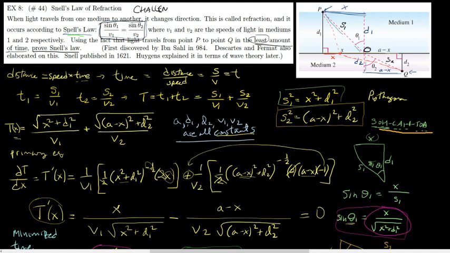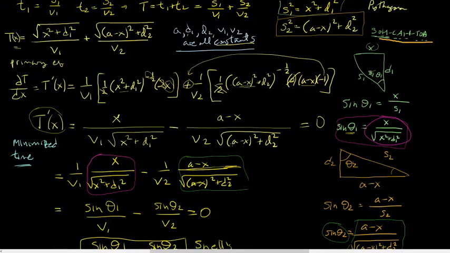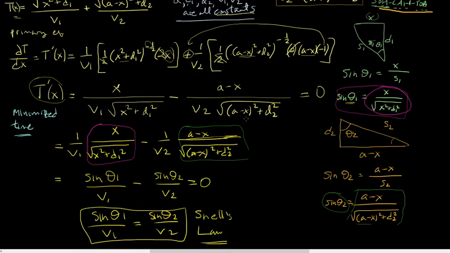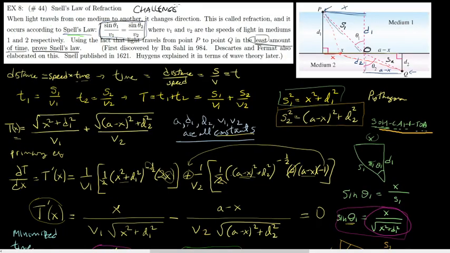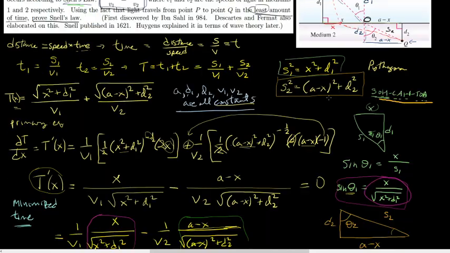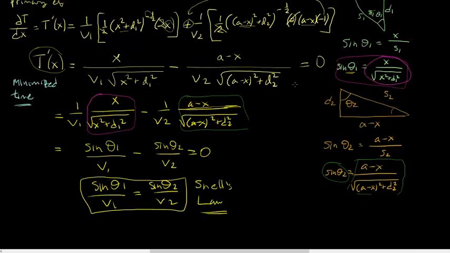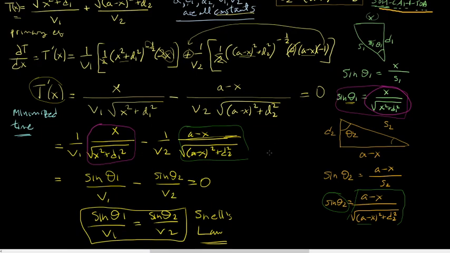I hope at least talking you through step by step, maybe it makes a little more sense now, maybe not. And if it doesn't, you know what? In the end, this is not going to be a test question. Obviously, this is just something to think about, a fun little challenge problem. But it's worth going through, maybe just once.